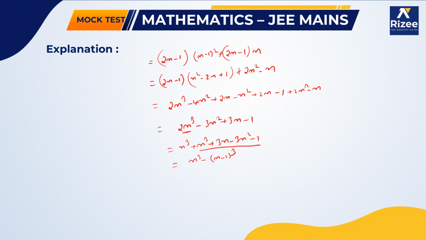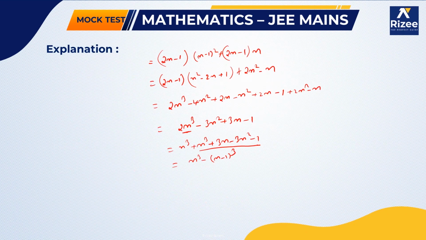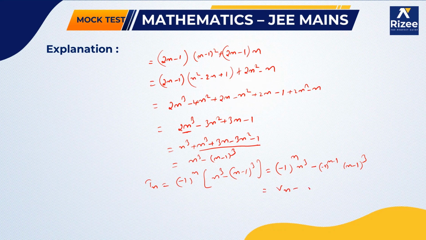So apply here: t_n equals (-1)^n times the summation, n cube minus (n minus 1) whole cube, which equals (-1)^n times n cube minus (-1)^n times (n minus 1) whole cube, which equals v_n minus 1. Simply substitute the answer, we get the value. Substitute v_n equals how much? 102. 102 minus, we get the answer.